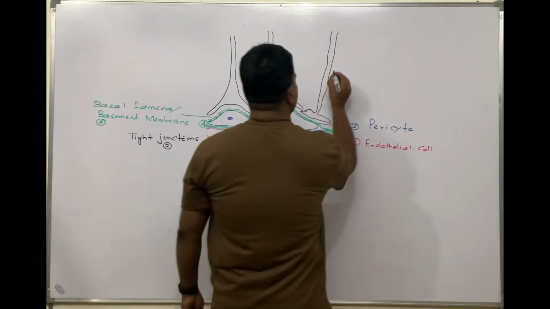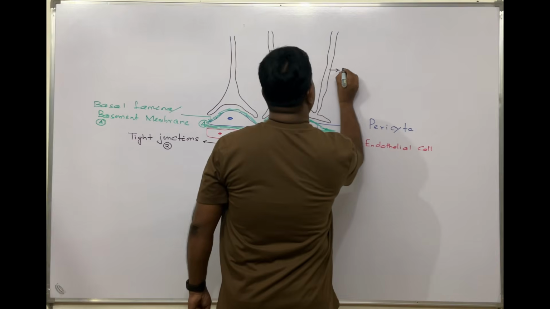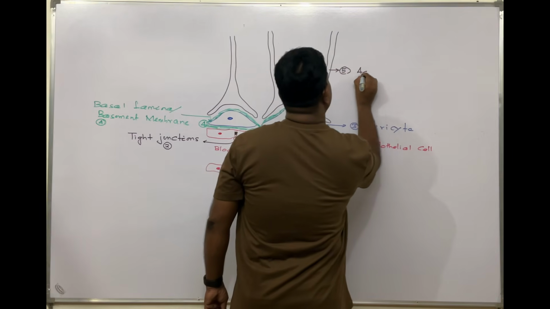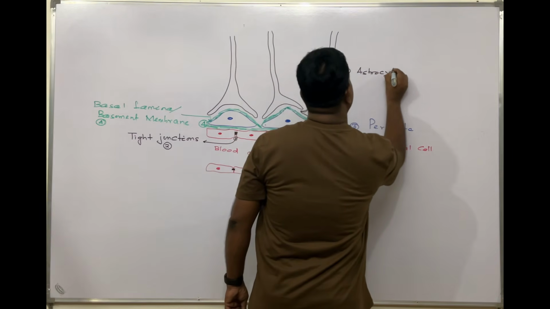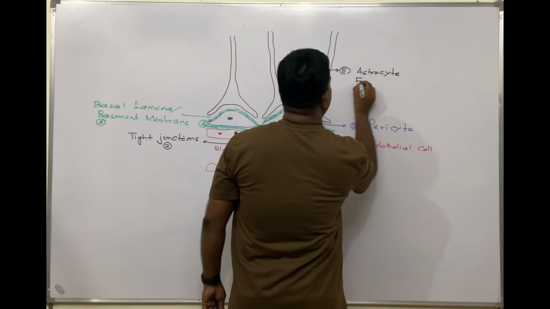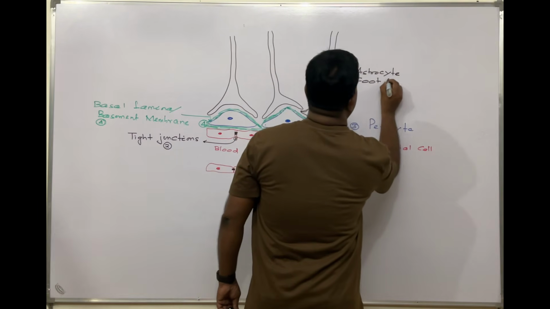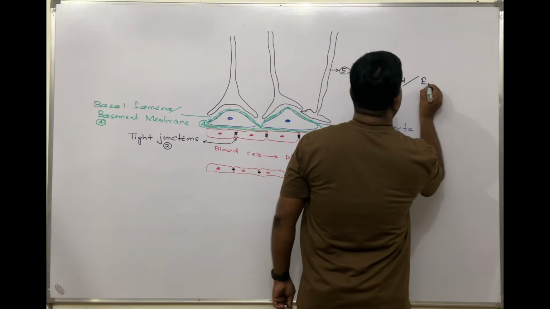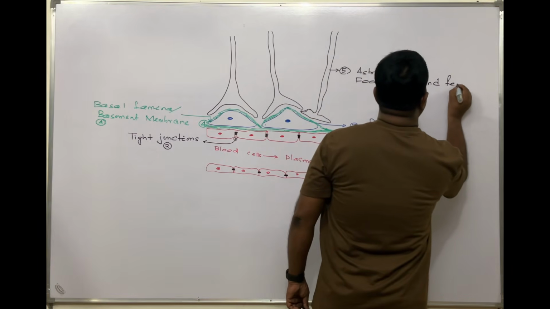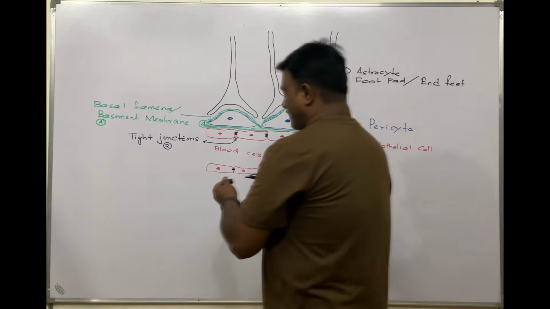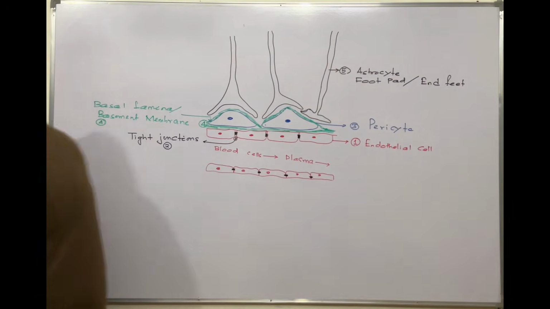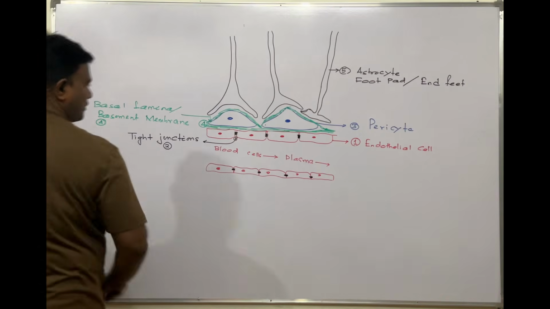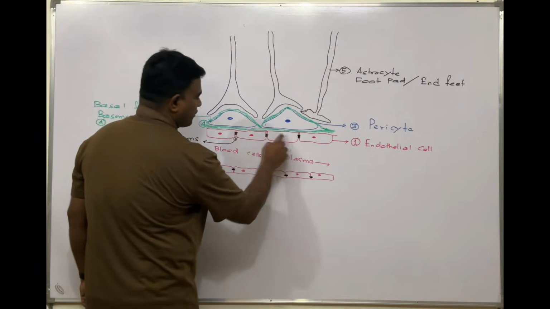What are these? This is number 5. This is the astrocyte, with important foot pads, or astrocyte end feet. So this is known as the blood-brain barrier, and the importance is of these tight junctions.